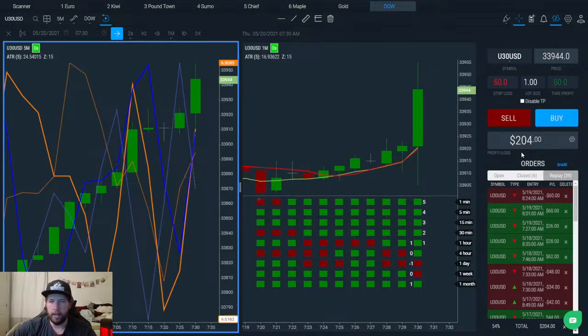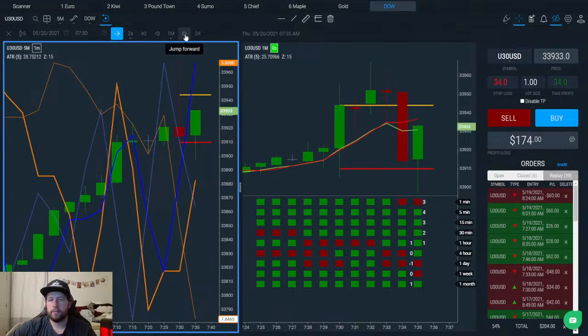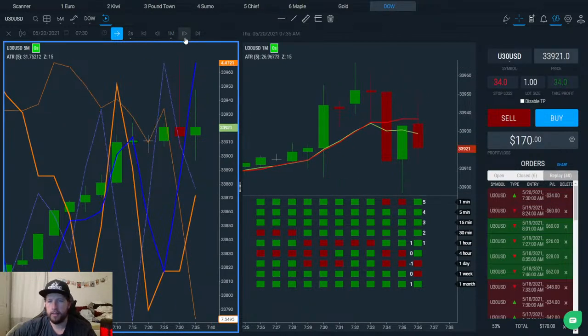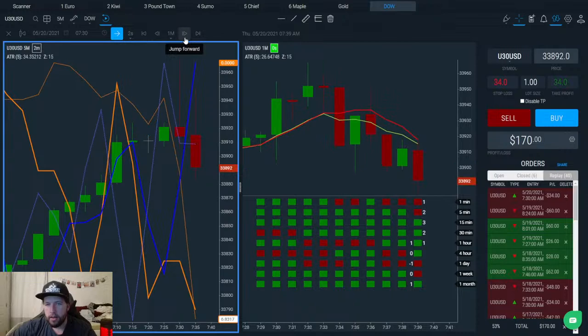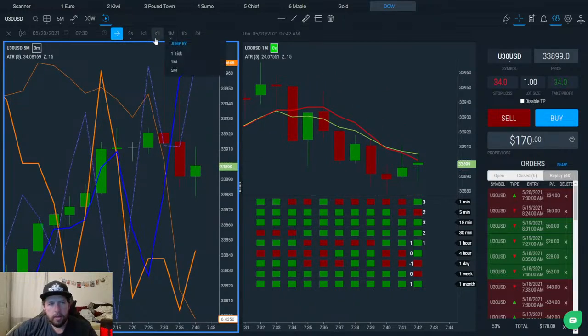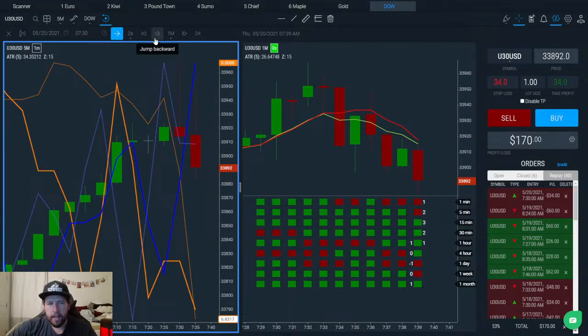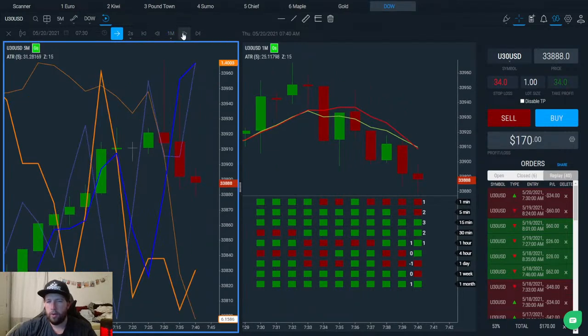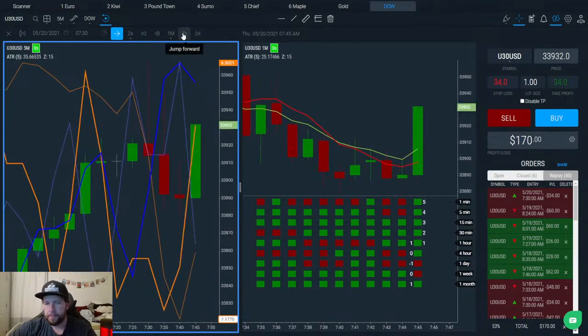Immediately we get a buy. And it immediately loses. It's okay. Not quite a sell signal yet. Getting a buy signal though.